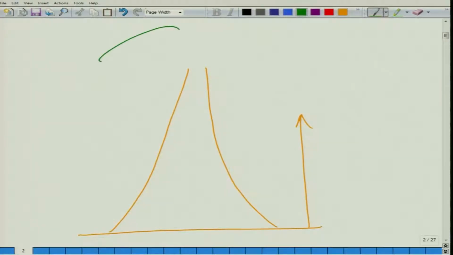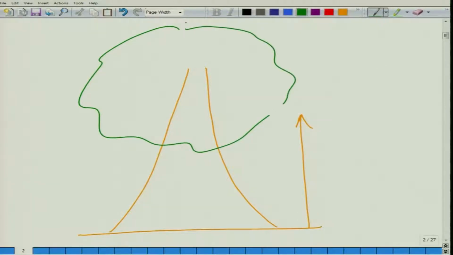So, if this is our tree, the diameter at this point, suppose it is say 50 centimeters, the diameter at this point might be say 30 centimeters, then it would further reduce down to around 20 centimeters, then 10 centimeters and so on.